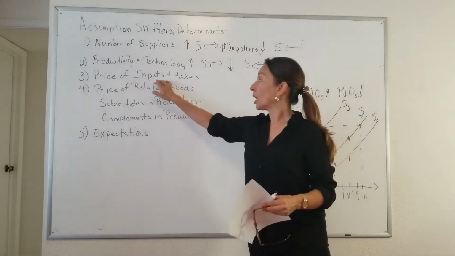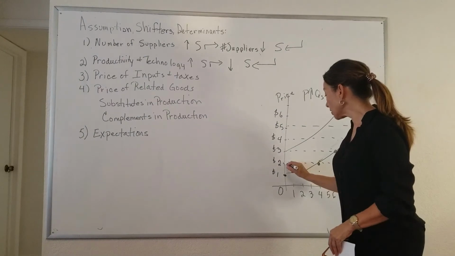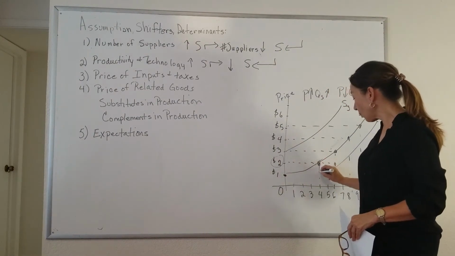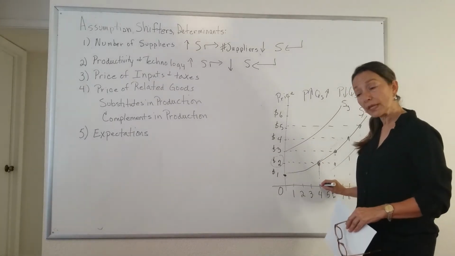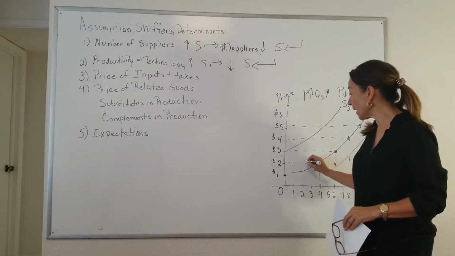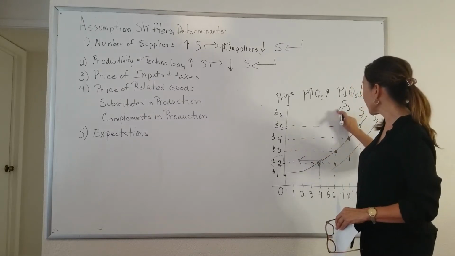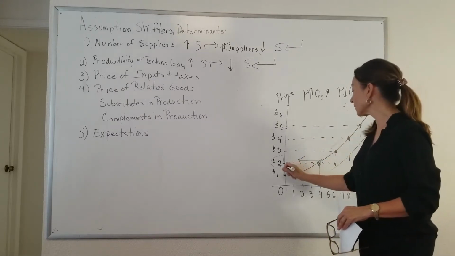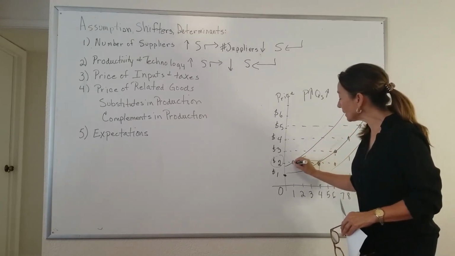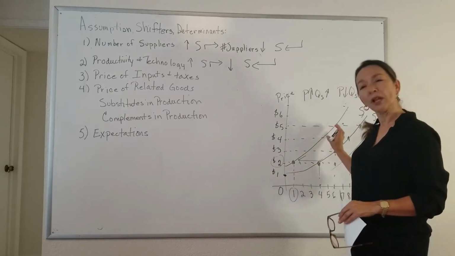So if these input costs go up, what that means is that if I were initially selling ice cream at $2 and I had 4 ice creams that I was producing, when input costs and taxes go up, my supply curve is going to shift to the left. So let me take this old supply curve off. My supply curve will shift to the left, and that means that I will only be able to produce 1 ice cream cone because all of my costs went up.